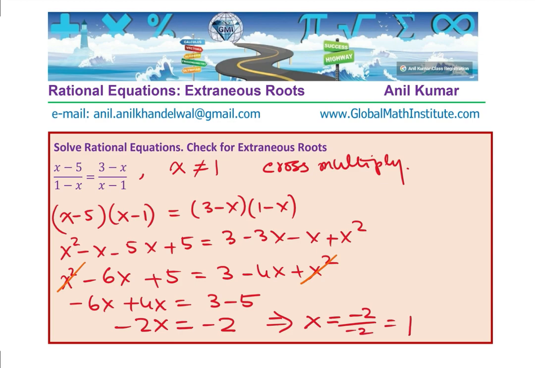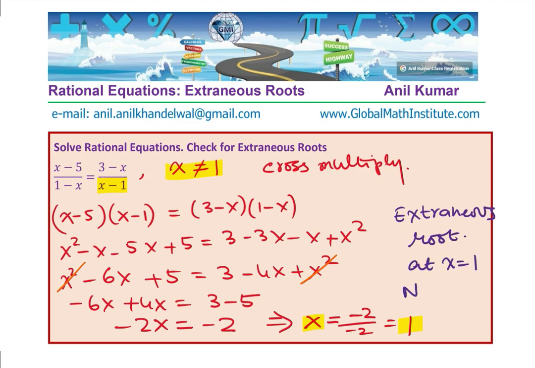Now in this case also, you see that x is not equal to 1, right? Because that will make the denominator 0. But here we get x equals 1 as the only solution. This has to be an extraneous root, right? So since x equals 1 is a restriction, we have an extraneous root at x equals 1.